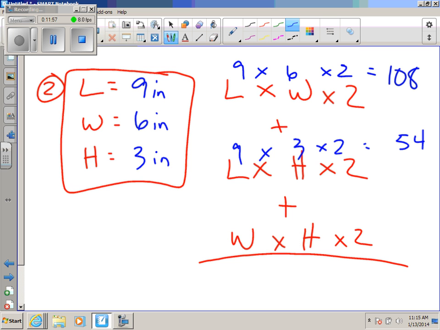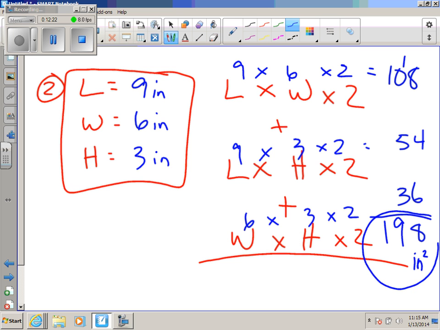And then the width of 6 times the height of 3 times 2. 6 times 3 is 18. 18 times 2? 36. All right, let's add them up. 8 and 4 is 12, plus 6 is 18. 1, 5 is 6, plus 3 is 9. 198, and the label? Inches squared. How many of you got it?